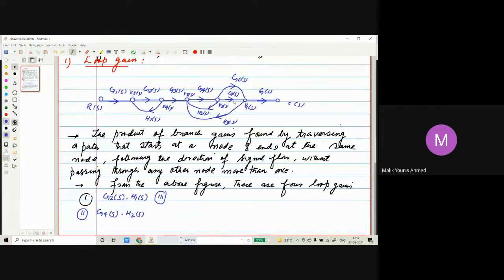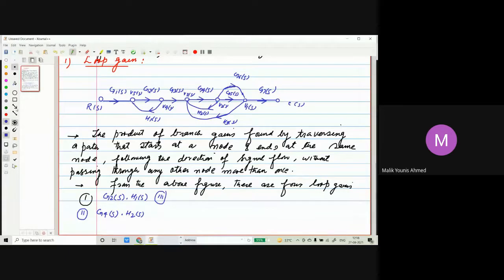So the third will be G4, okay, sorry, this is G5 of S, and this is, I think, G6 of S, and this is G7 of S. Complete the loop.